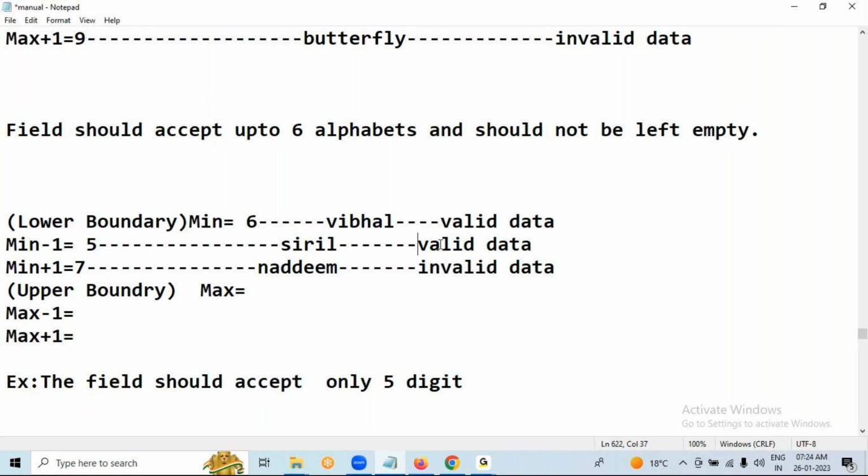Okay. And for the upper boundary, maximum would be 6. Yeah, and it's the same name. Yes. And this will be valid data.